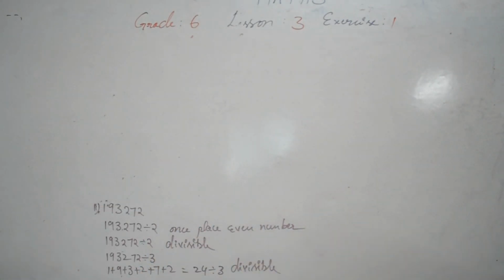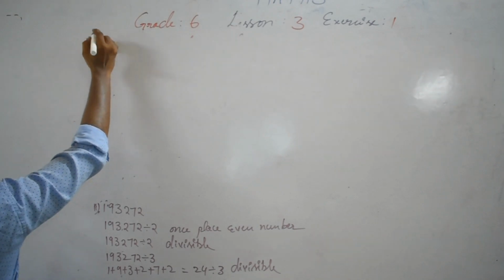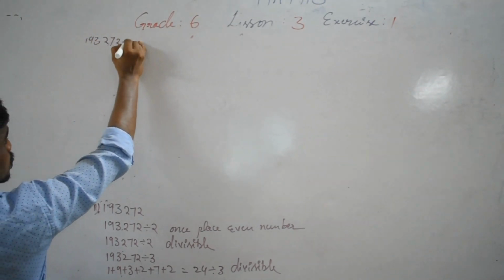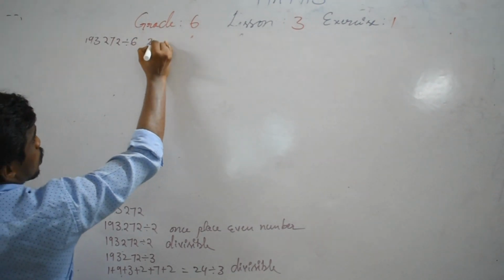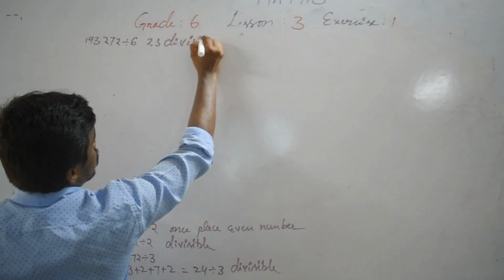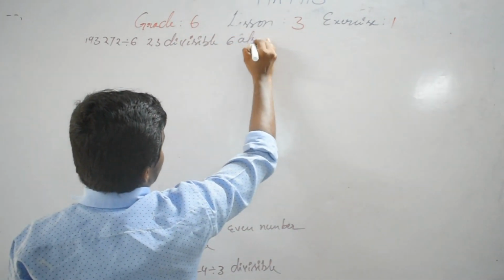So 1,93,272 divided by 6: 2 and 3 divisible, so 6 also divisible.